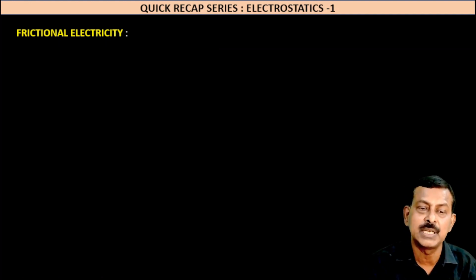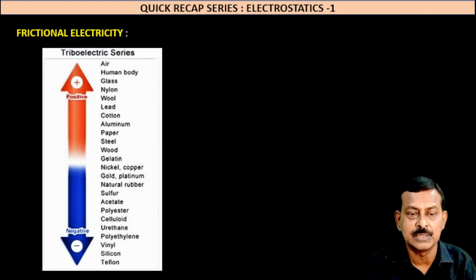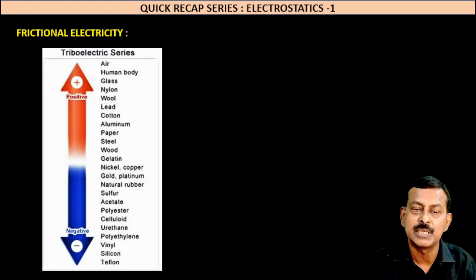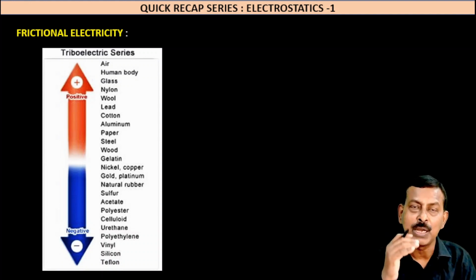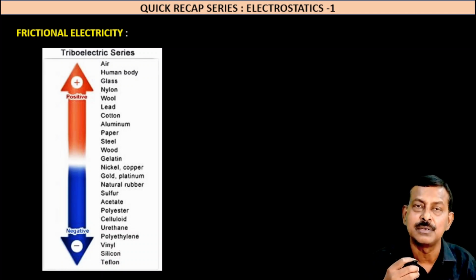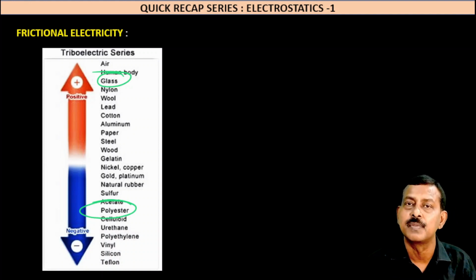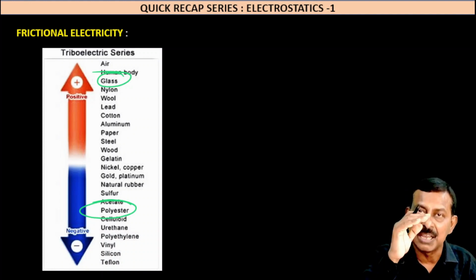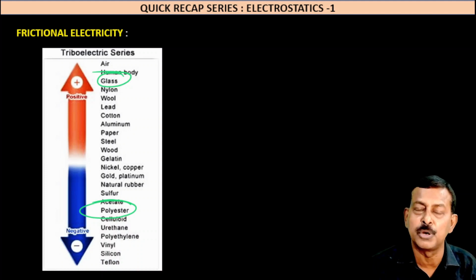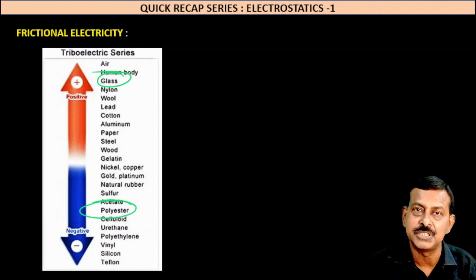This you can easily get from the triboelectric series. Now in this series, you can see there are many materials mentioned, and if you take any two, the one which appears first in the list will become positively charged and the other one will become negatively charged. If you take glass and rub it with polyester, as glass appears above polyester in this series, glass will become positively charged and polyester will become negatively charged.